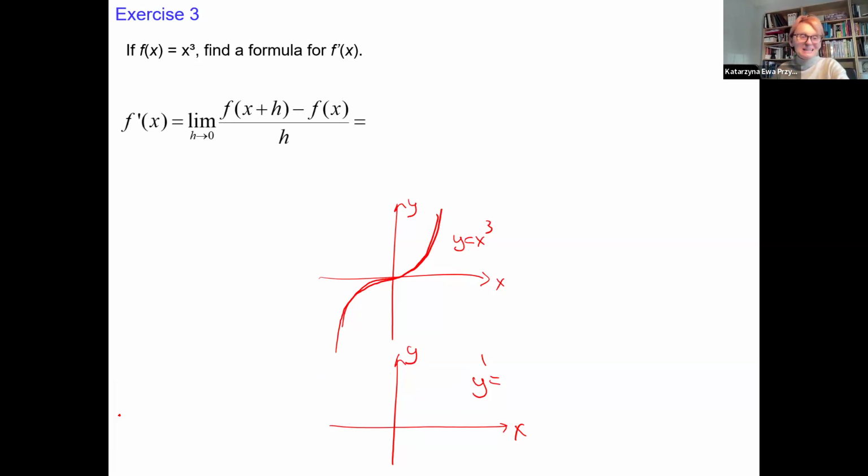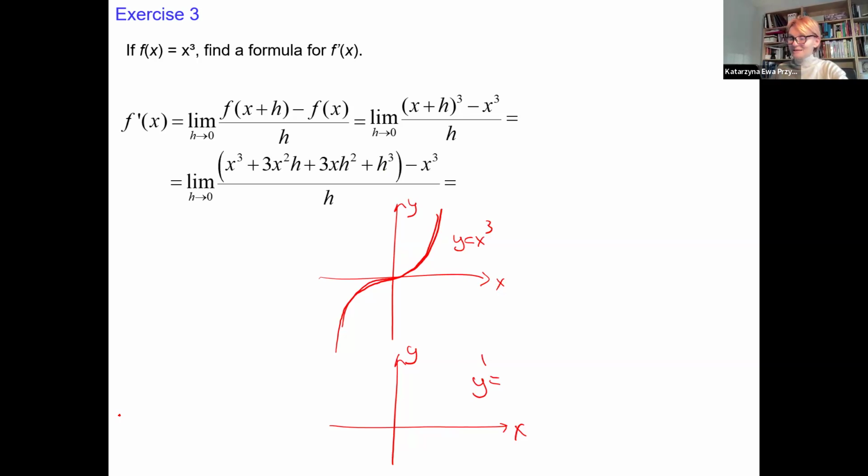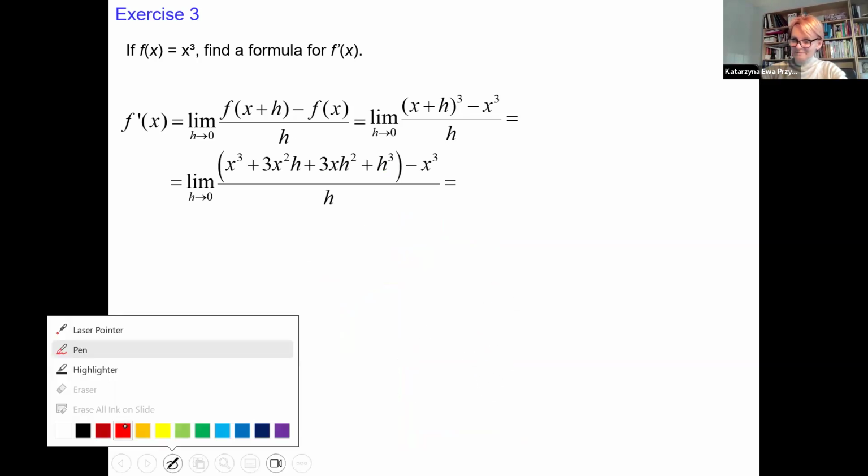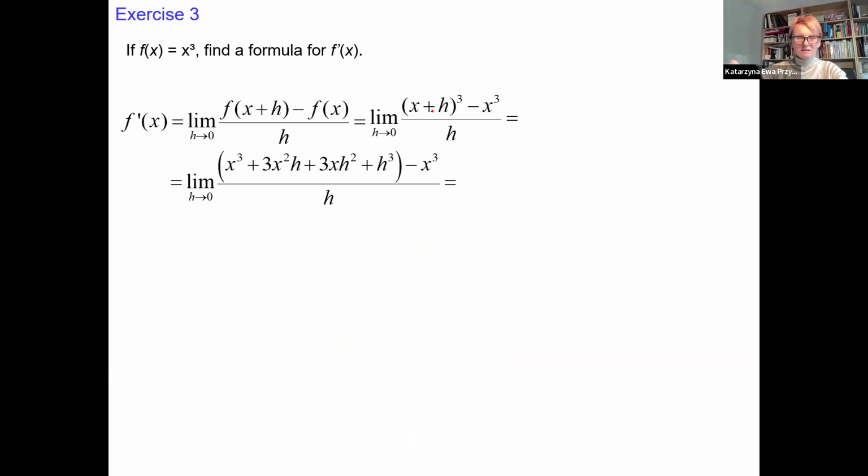Okay, that's the only tool. Limit definition. Let's evaluate for x cube, x plus h cube minus x cube over h. Let's expand the cube. Yes, let's FOIL 3 times. Okay, because it's long, you can expand this right away, or you can FOIL 3 times x plus h times x plus h times x plus h.